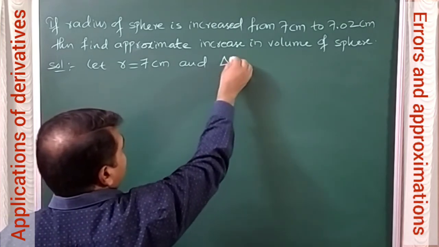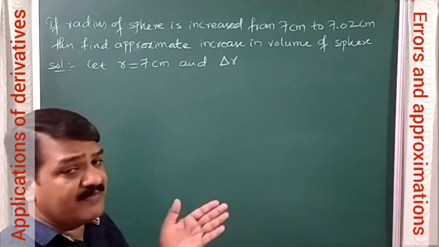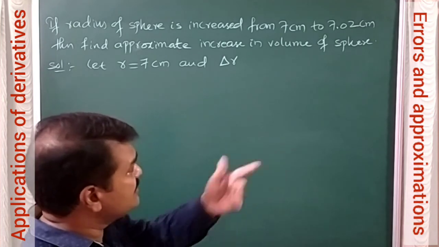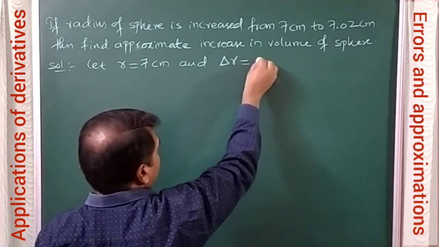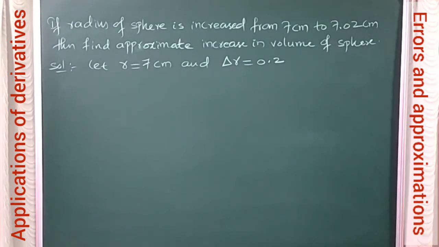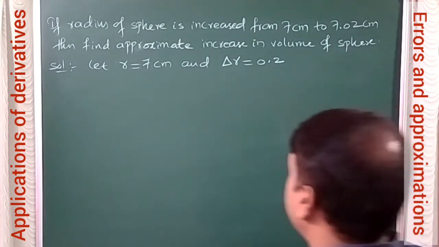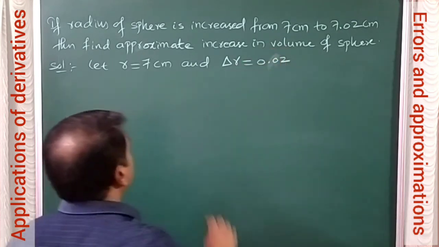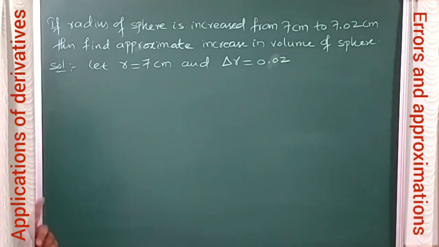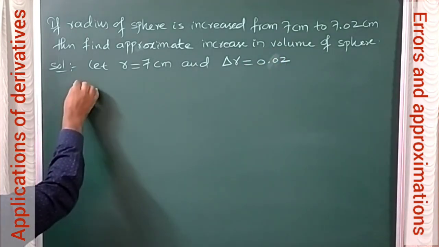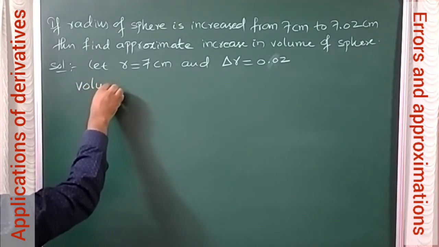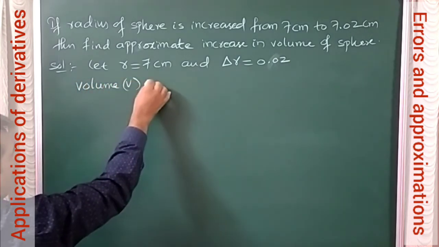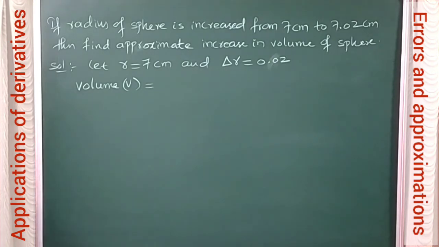That we will take as delta r, which is the error in measuring the radius or the increase in the radius. So delta r is taken as 0.02. Approximate increase in volume of the sphere. If the volume of the sphere we take as V.